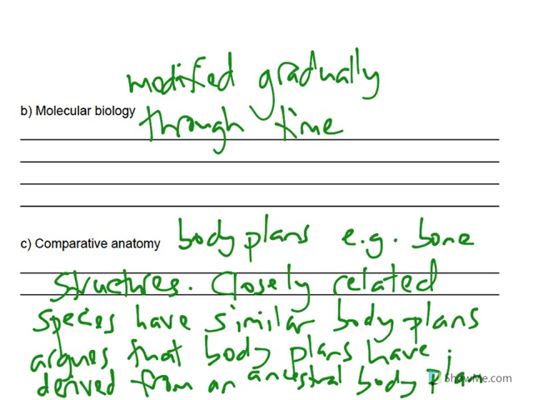So an example of this would be comparing the forelimbs of all tetrapods. Well, you can even go further than tetrapods. But let's say just looking at tetrapods, we can compare the forelimbs, and we see that things like cats and dogs and even people, we have very similar bone structures in our forelimbs.